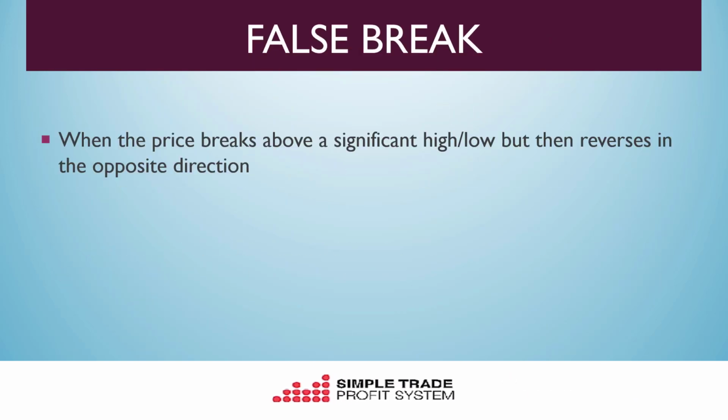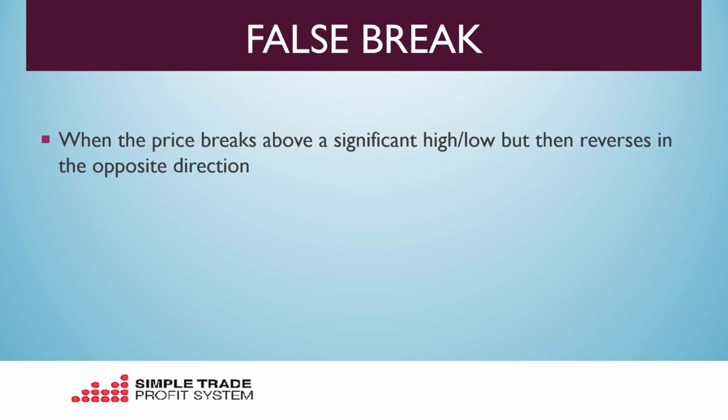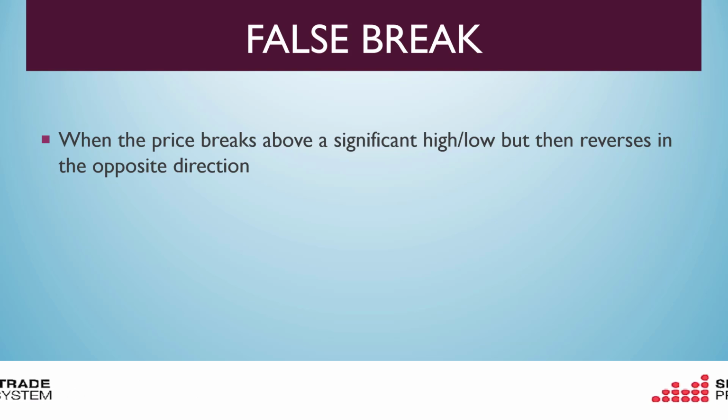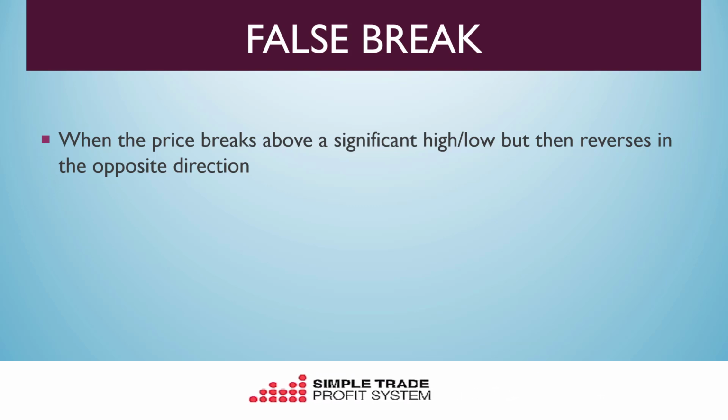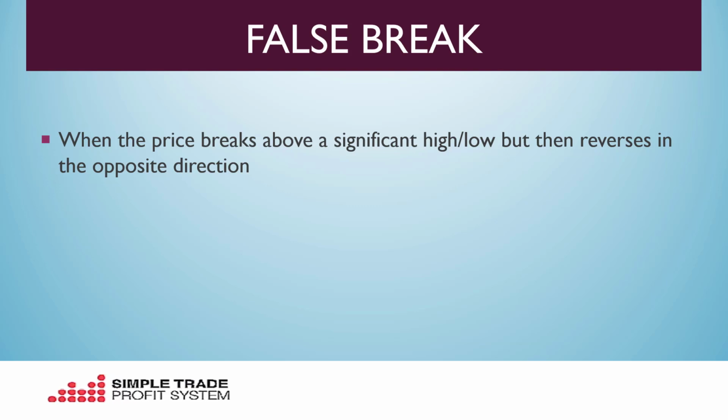So just to illustrate it, a false break is when price could be in a range, or maybe it's moving along a trend line, and the price breaks above a significant high or low, but then reverses right back in the opposite direction.